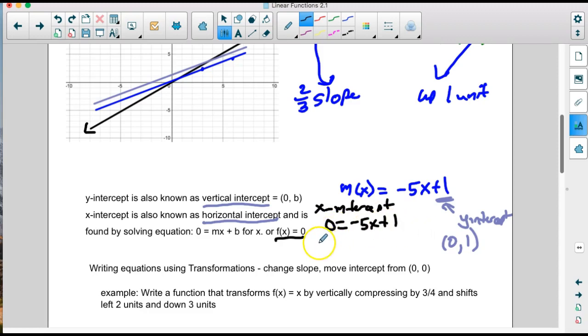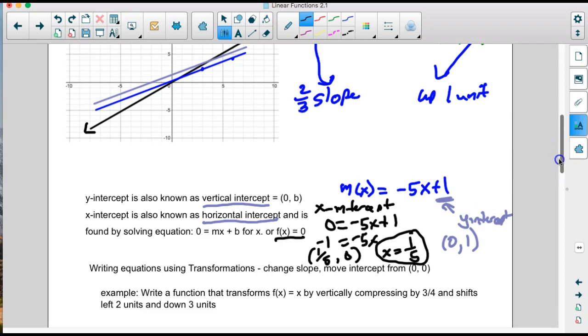Well, we move the 1 over and divide by negative 5, so we get 1/5 positive because there are 2 negatives. So that's our x-intercept in this function, 1/5, 0. Alright, so that's how we would find the x and y intercepts, or the vertical intercept, which is this one, and the horizontal intercept, which is that one.